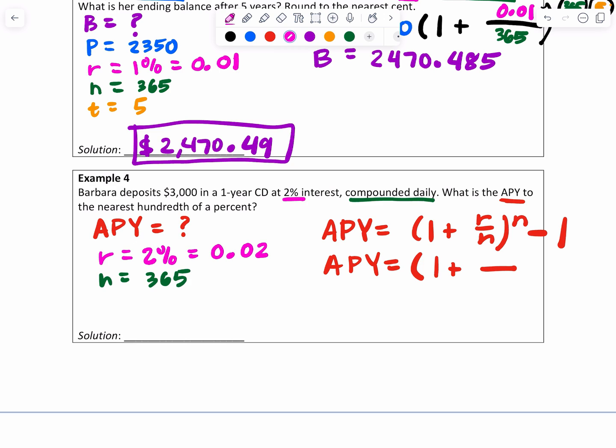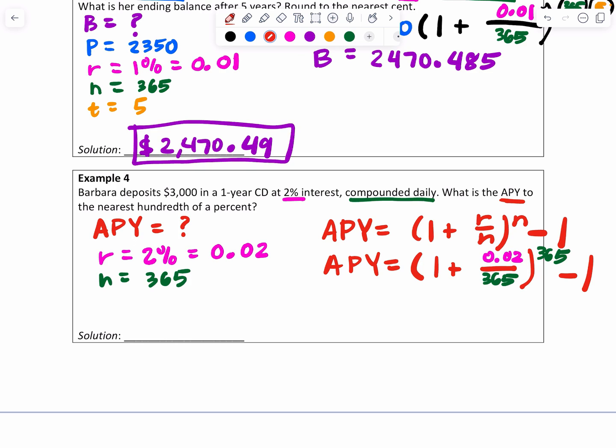In the top, I put the interest rate. In the bottom, I put the N. It's compounded 365 times a year. And then N is going to be the exponent up here, okay? And then that minus 1 is not part of the exponent.